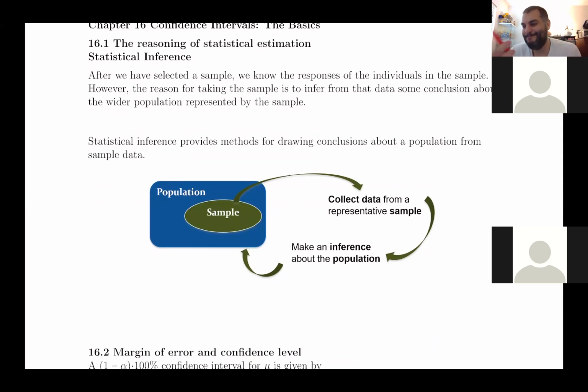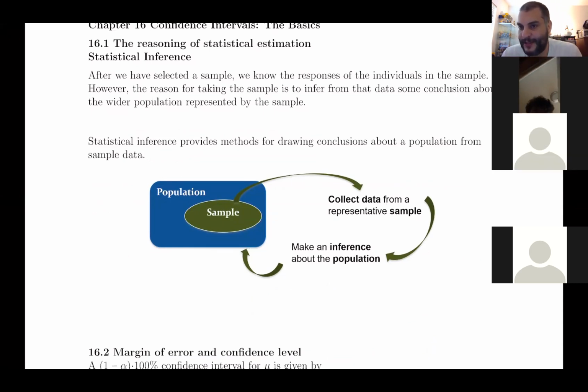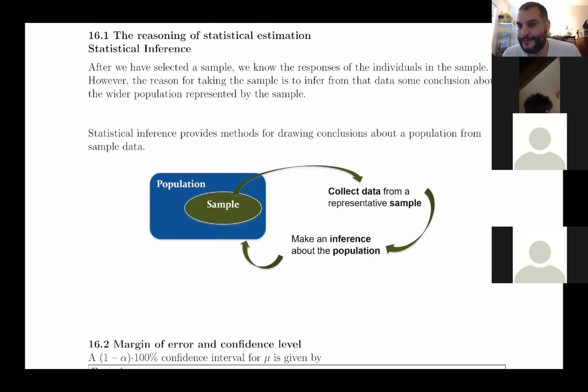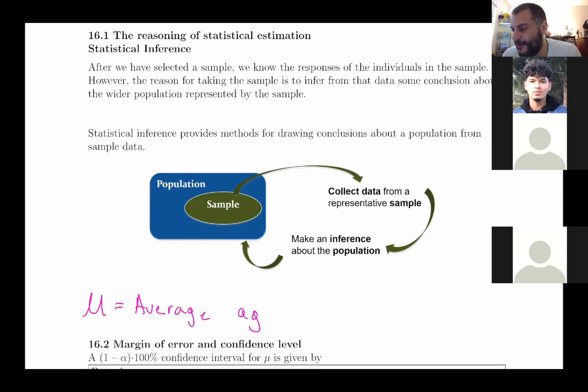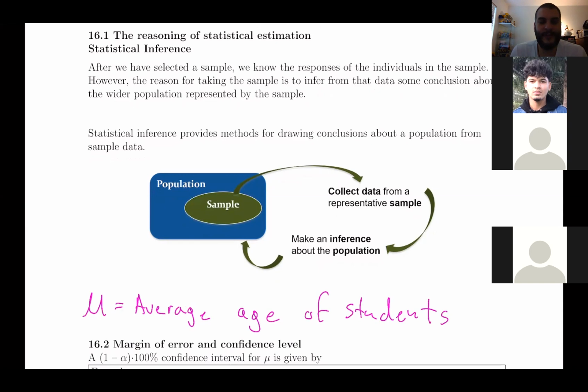So say, like, if for Dominguez Hills, we want to find the average age of students. So if I wanted to find that, I could go to pretty much every single student in Dominguez Hills, and we could find the average age of students.